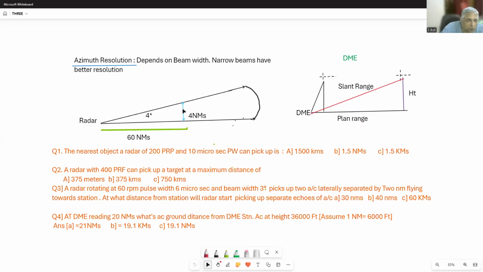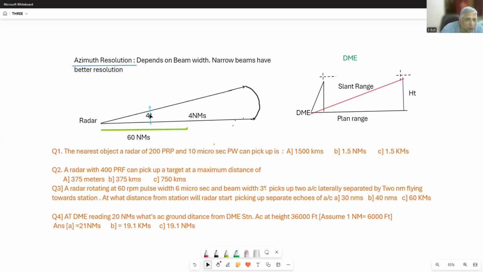So these two aircraft are being covered by the same beam. This is the directional signal, and this beam or lobe is rotating and they will appear as a single object till they reach this place. Here, now they will start appearing as separate objects. Can you see?